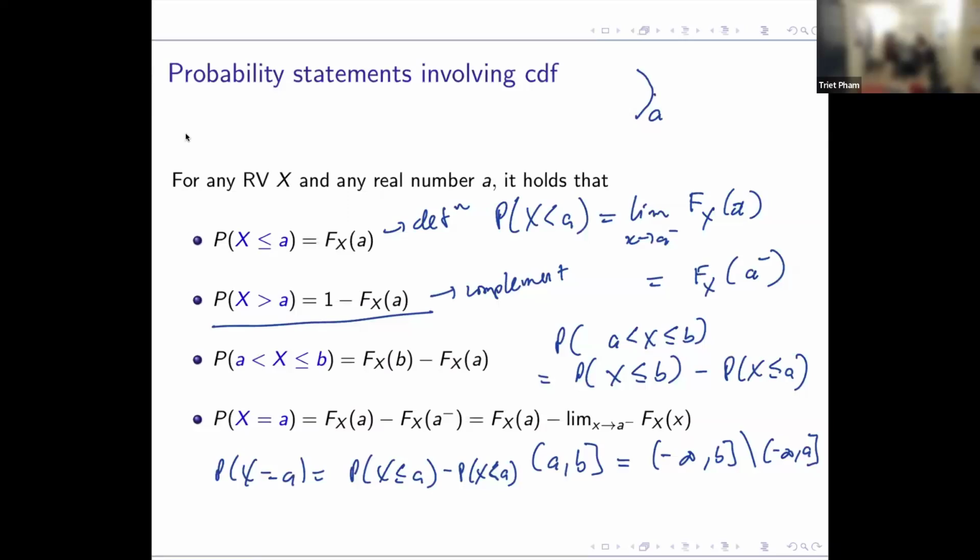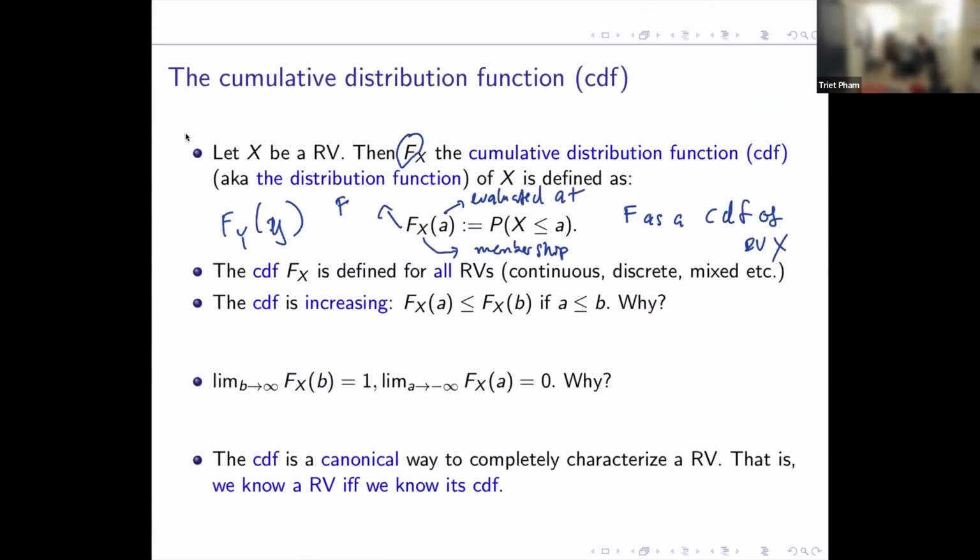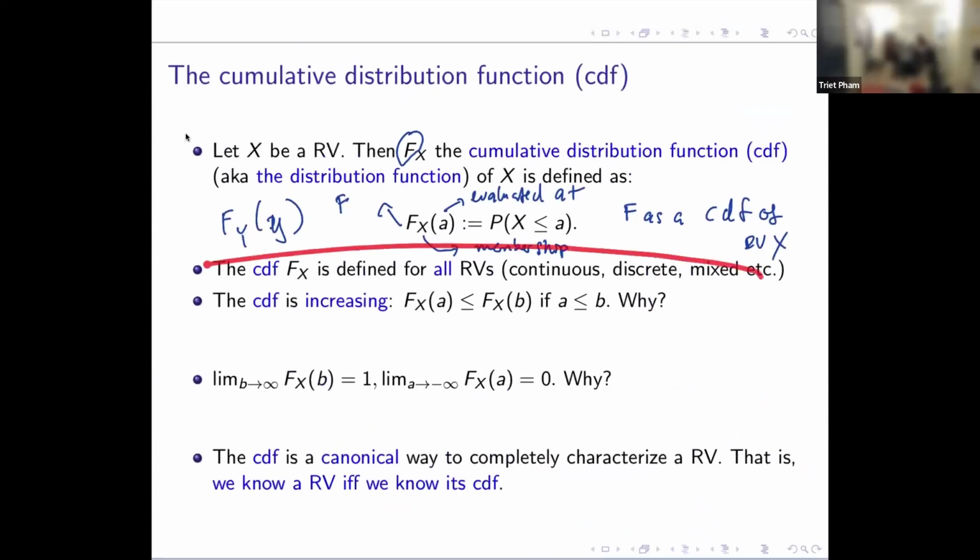All right. And so right now, let's explain the CDF. A CDF, being this definition, cannot be arbitrary. It must have certain properties. So the first thing is that it's defined for all random variables. That's why it's a unifying tool to describe random variables, any random variable.